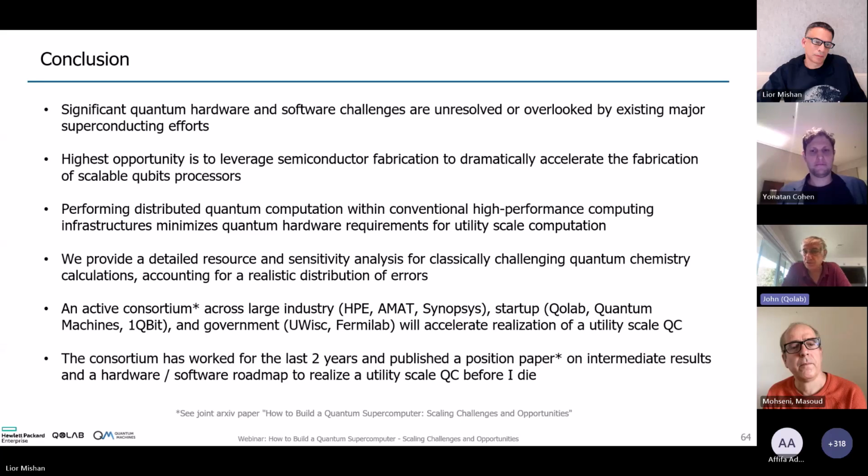We have an active consortium, from hardware to software, with different members such as companies, startups, national labs, and universities, which we think is a very powerful way to put this together, address the problems, solve them, and do this in an efficient way.